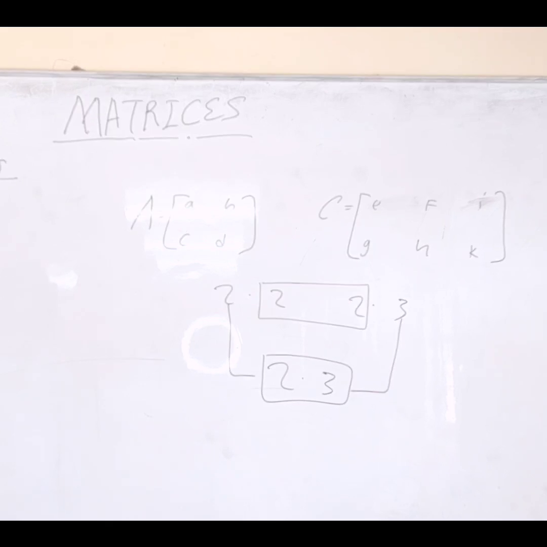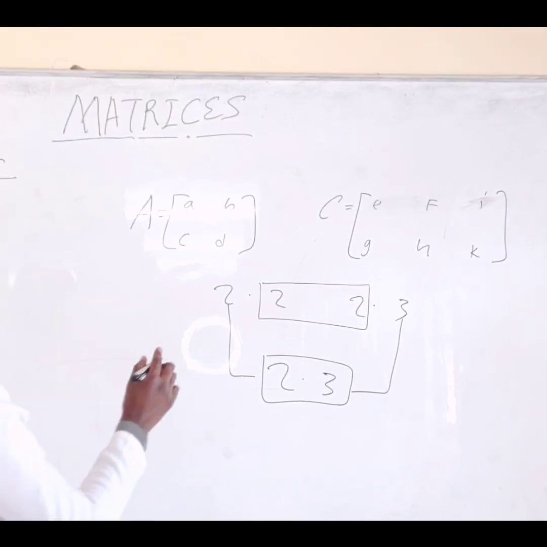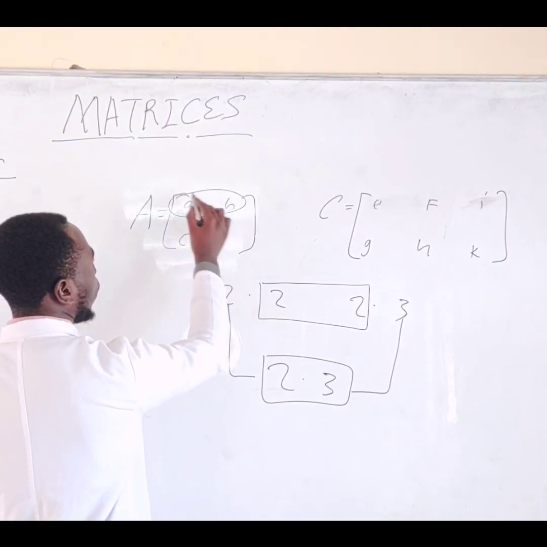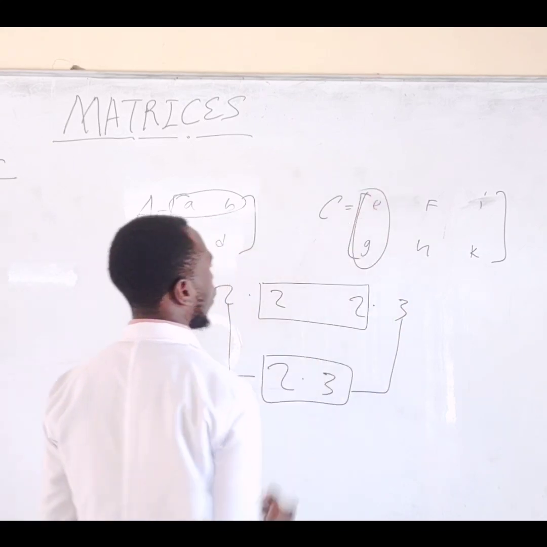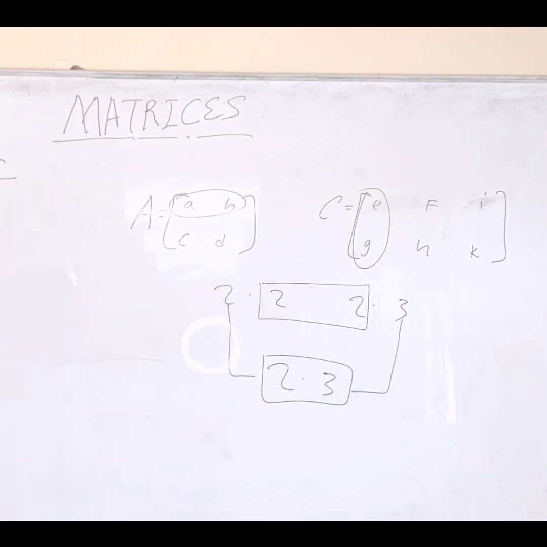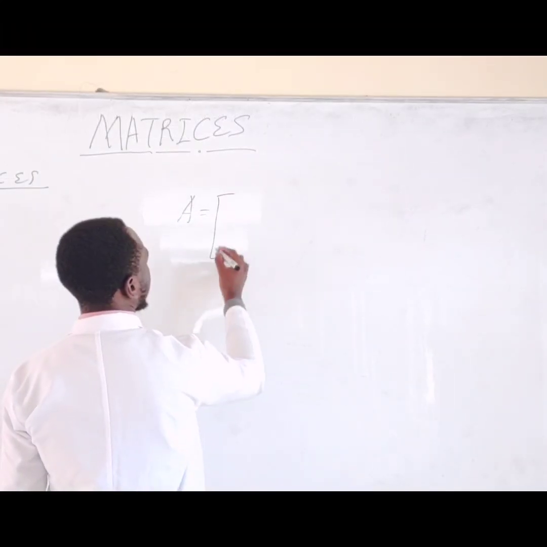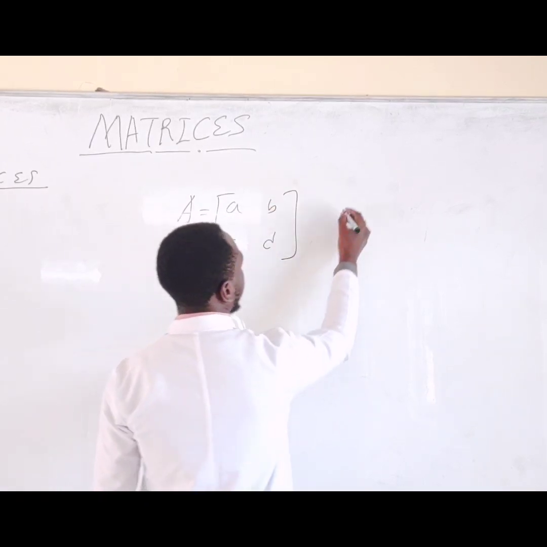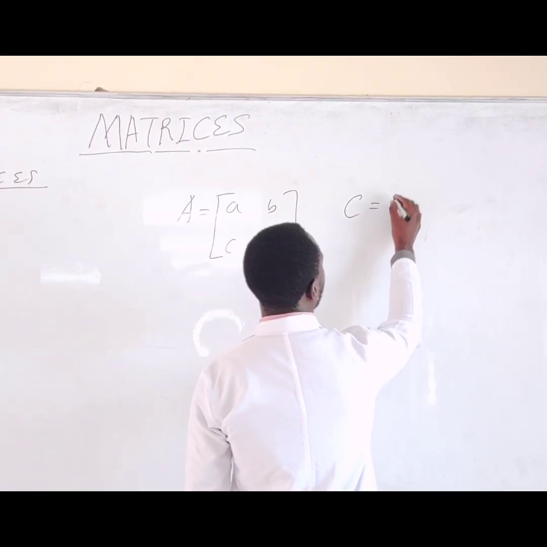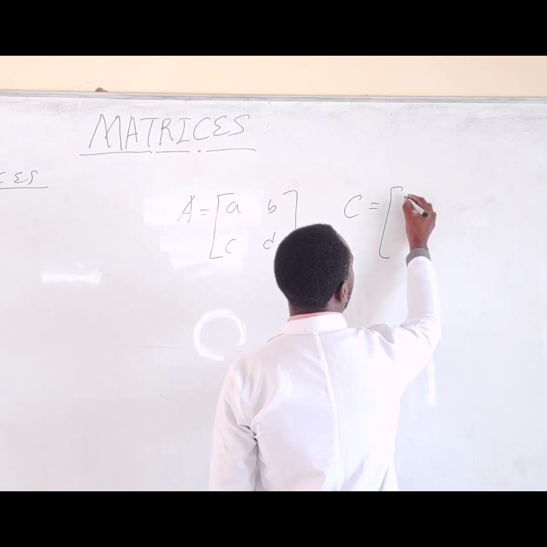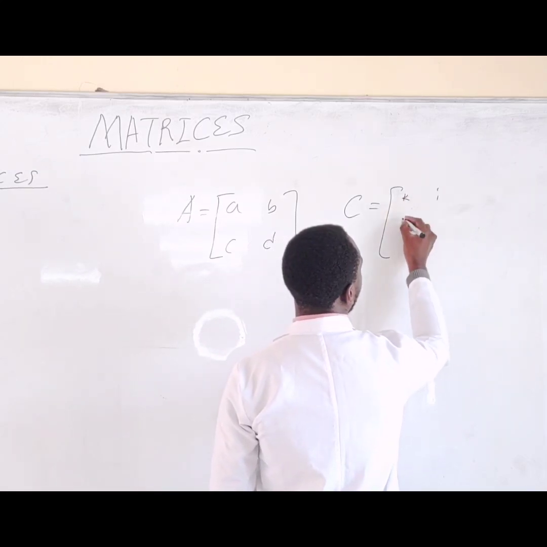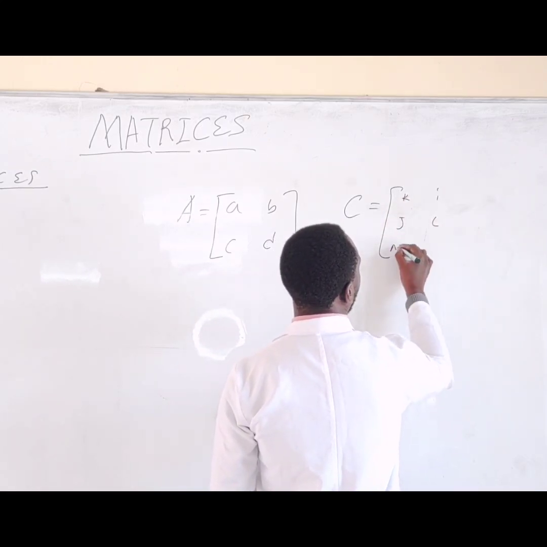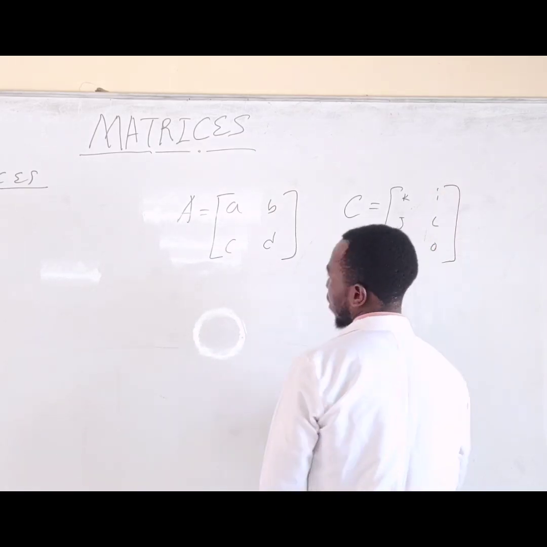To multiply matrices, we multiply row by column. Suppose A is equal to A, B, C, D. Then C is equal to K, I, J, L, N, O. You have something like this.